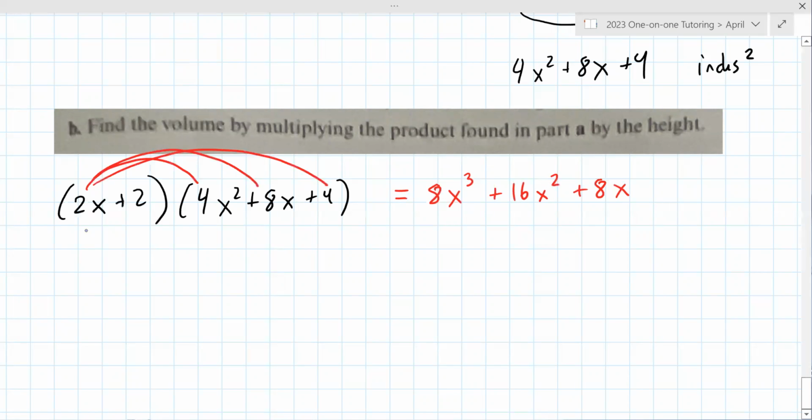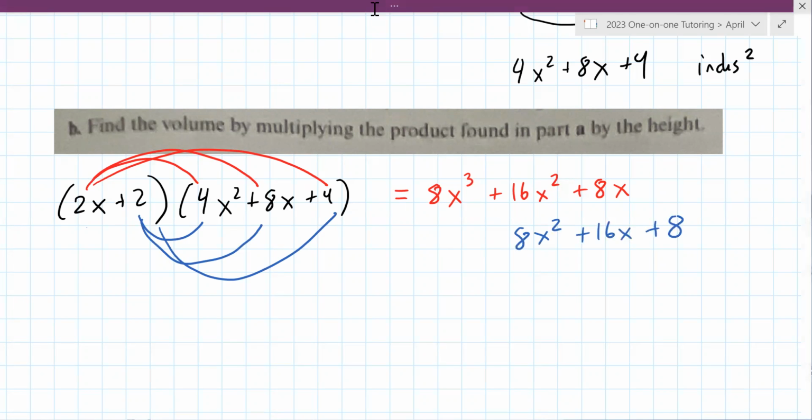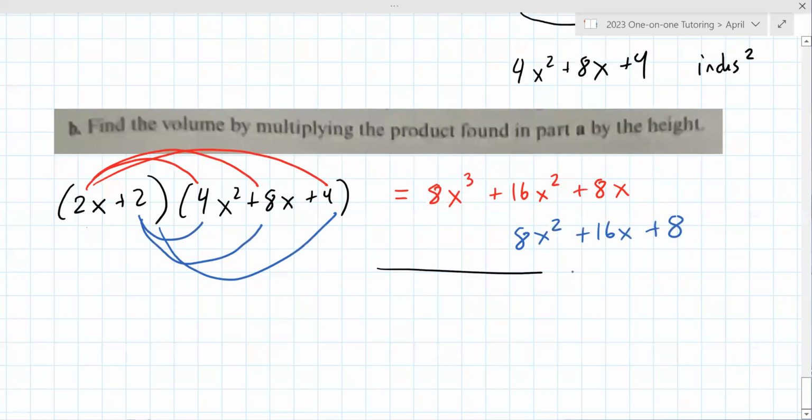And then it's the 2 times everything here, so that's 8x squared plus 16x plus 8. Besides color coding it here, you'll see that I've lined up the terms in columns based on their type to make them easier to combine rather than making one large list. I find that this is a better way to show your answers.